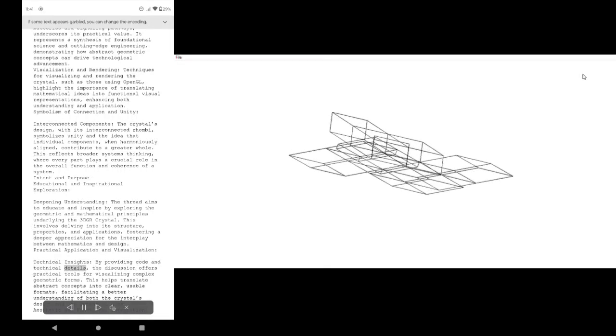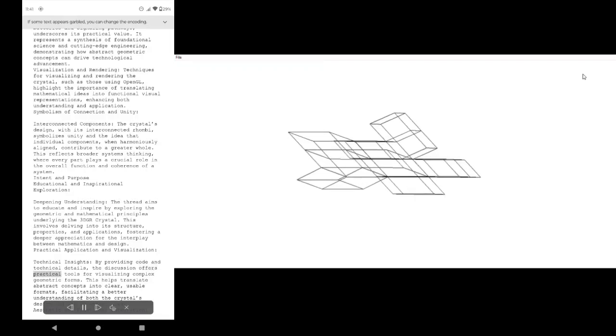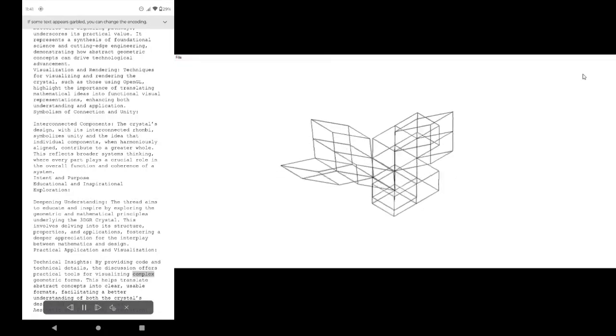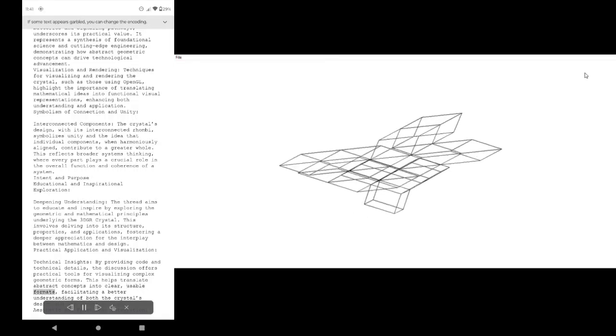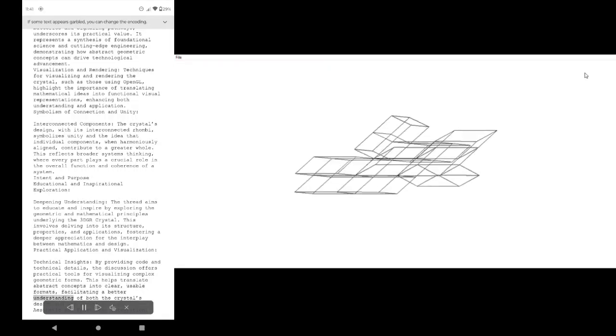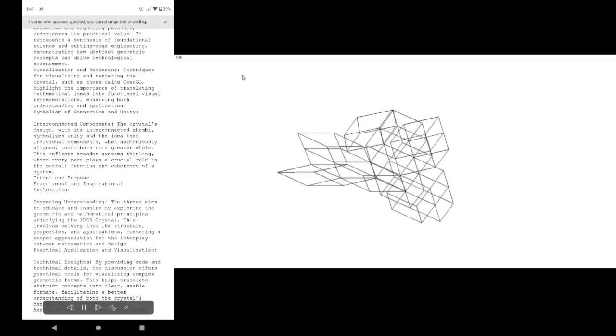Technical insights. By providing code and technical details, the discussion offers practical tools for visualizing complex geometric forms. This helps translate abstract concepts into clear, usable formats, facilitating a better understanding of both the crystal's design and its potential uses. Aesthetic and functional integration.